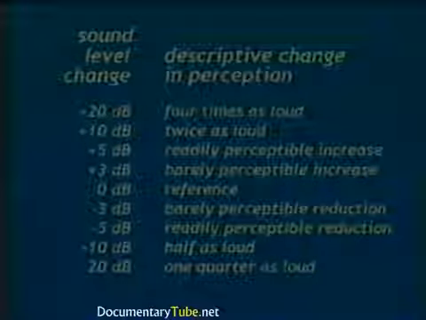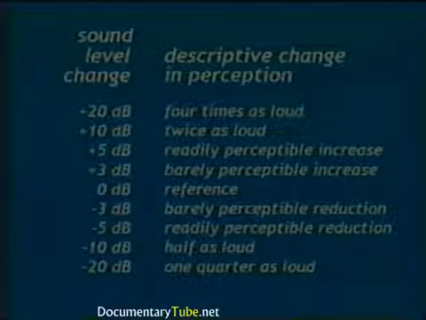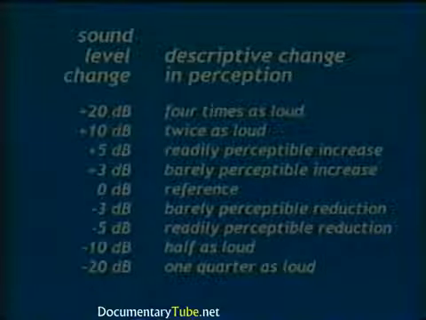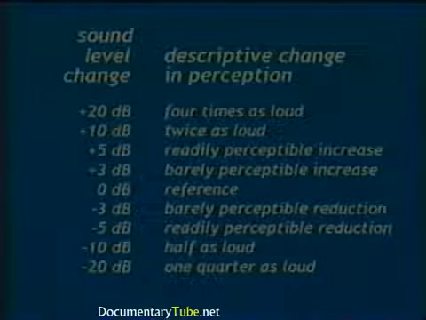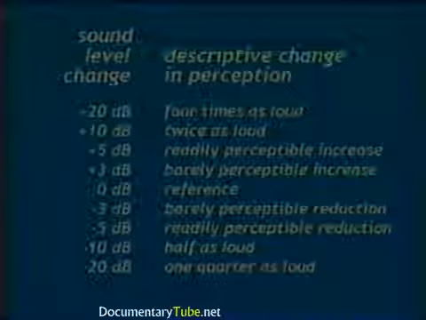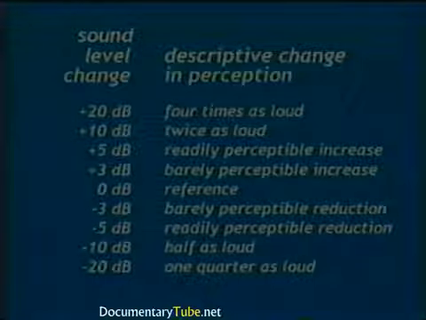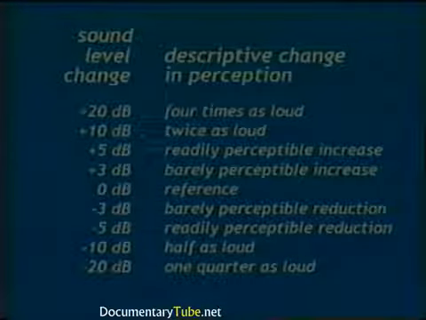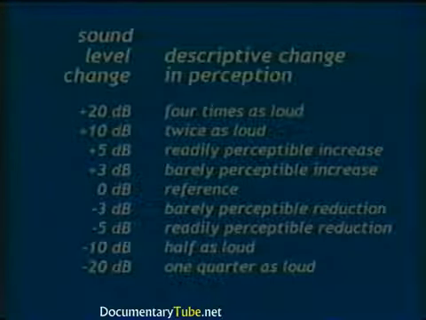A 5 dB change, on the other hand, can easily be detected by most people. Also, sound will be perceived as being twice as loud if the decibel level increases by 10 dB, or will be half as loud if decreased by 10 dB. And it's common to perceive a 20 decibel change as 4 times as loud or 1/4 as loud.